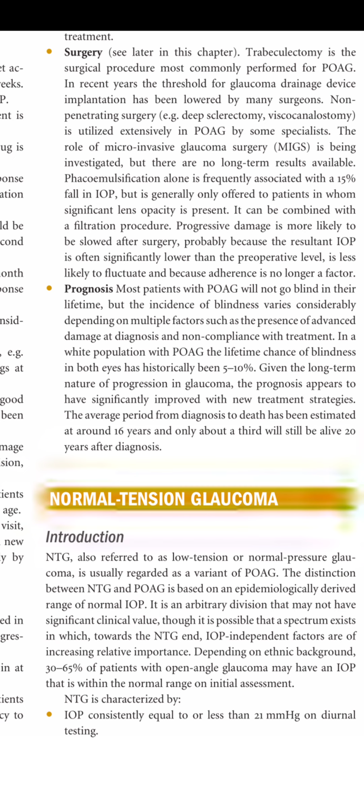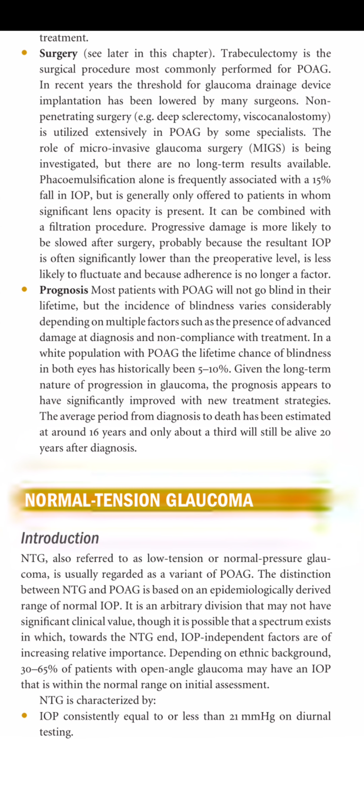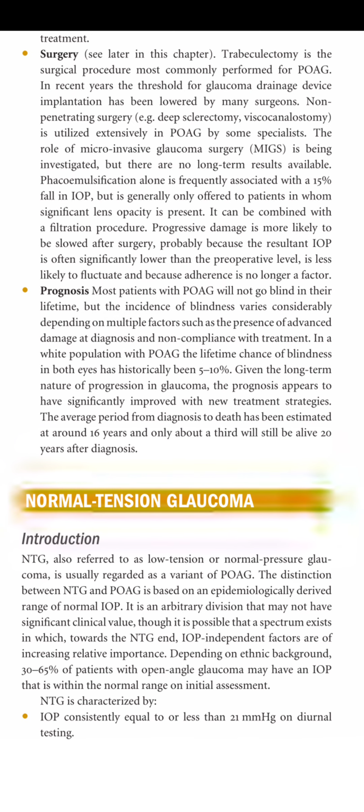So normal tension glaucoma, also referred to as low tension or normal pressure glaucoma, is usually regarded as a variant of POAG. The distinction between normal tension glaucoma and POAG is based on an epidemiologically derived range of normal IOP. So basically, the normal IOP which we consider is about 21 millimeter mercury, but in normal tension glaucoma patients it is not normal. It is arbitrary. So why?